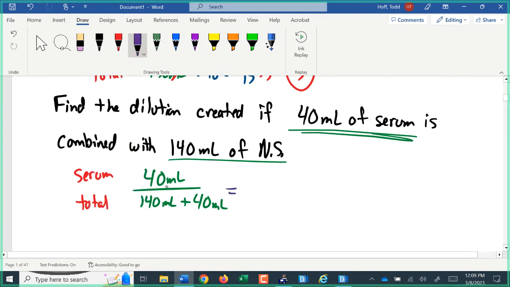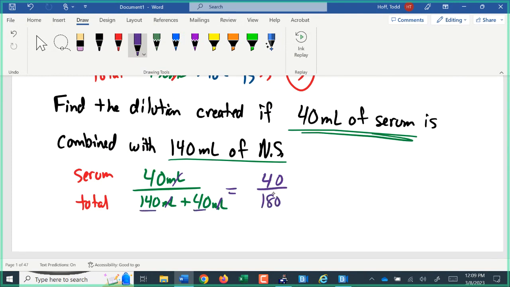So this comes out, the milliliters are going to cancel out anyway. This comes out to be 40 over 140 plus 40 is 180. Both of those numbers can be divided by 20. 40 divided by 20 is 2. 180 divided by 20 is 9. So 2 to 9, or 2 in 9 dilution is what's created there.